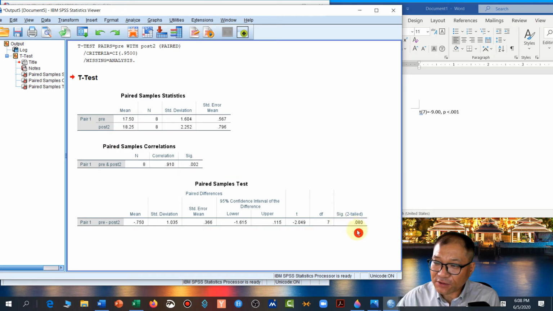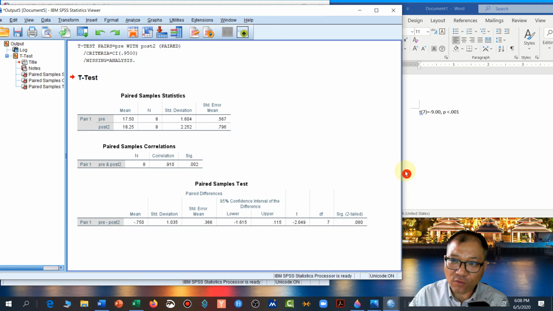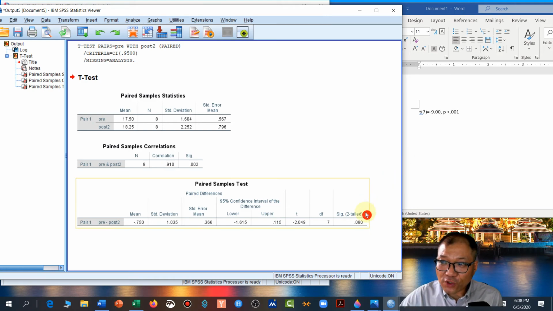an insignificant case. Go to compare means and paired, right? Same thing, but now you have the second group, post 2. So now you're comparing pre and post 2, not post 1. Now compare, and now you have new outcomes right there.